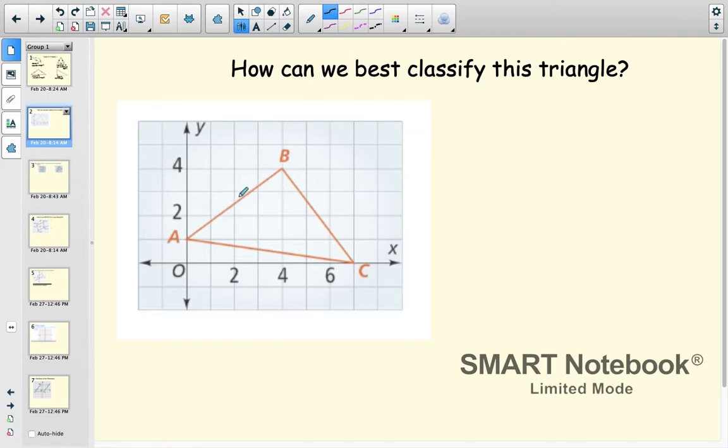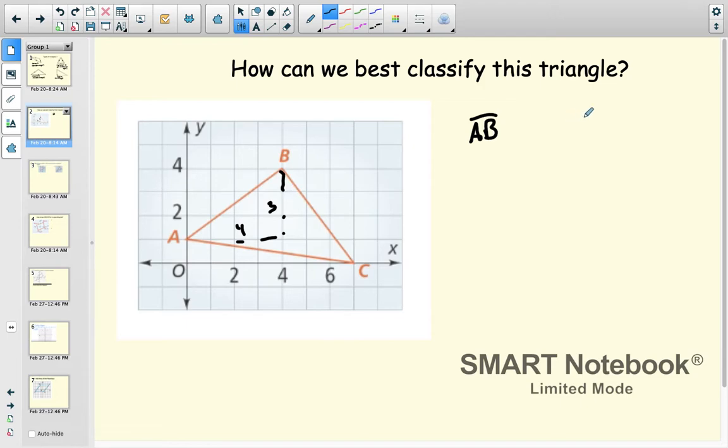Now, if you look at it, you can see that AB and BC look like they might be equal. So we're going to use the distance formula to figure it out, because we have a diagonal here. Remember that our distance formula uses the change in x and change in y. This goes 1, 2, 3, 4, so that's 4, and then this goes up 3.